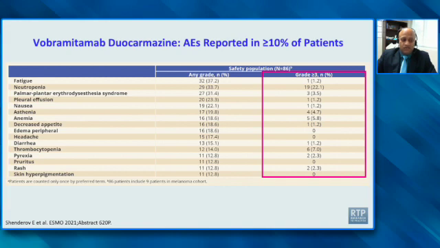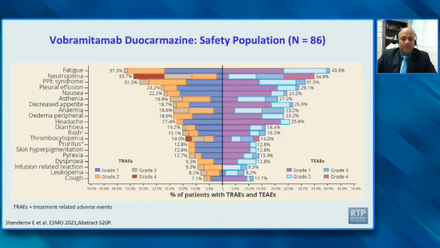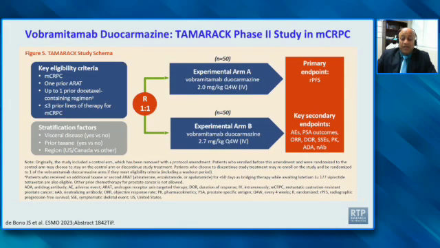Nausea and pleural effusion round up the rest of the AEs in terms of grade 3 or higher. There's a different way of looking at this, and as you can see, most of the adverse events were low grade, grade 1, grade 2, in terms of treatment-related adverse events. Small numbers in terms of grade 3 or higher, but certainly manageable.